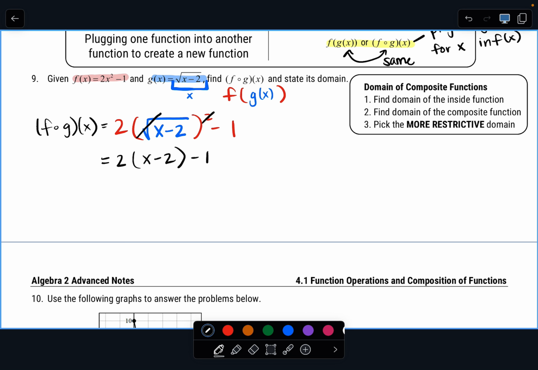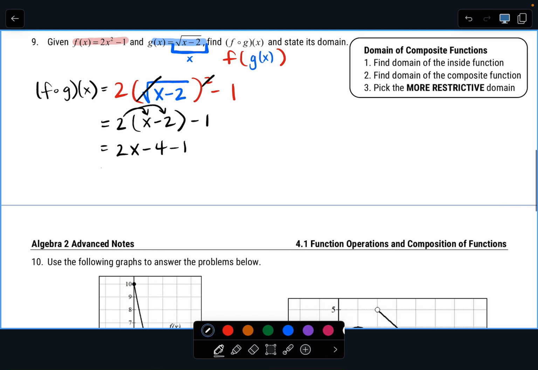If I have a 2 at the front, what does that mean I'm supposed to do? Distribute. So this 2 is going to distribute to the x, and it's just going to distribute to the negative 2. So I'm going to have 2x minus 4 minus 1. And any like terms that you can combine together, you should. So I'm going to end up with 2x minus 5. F of g of x.